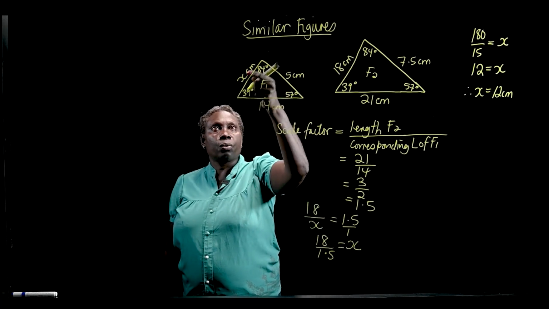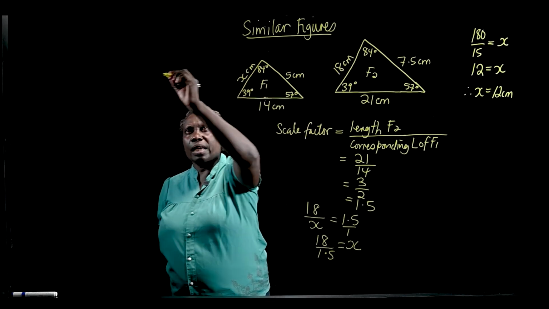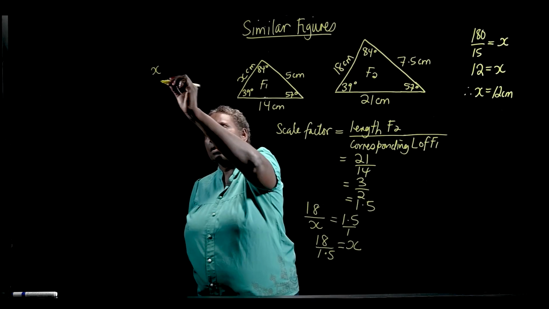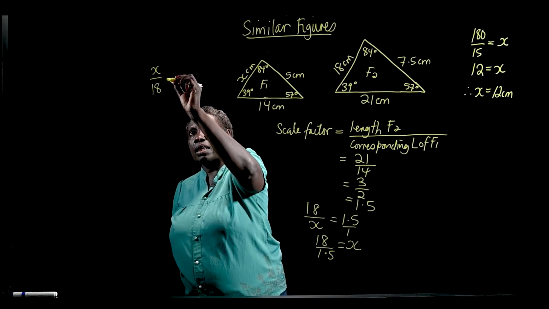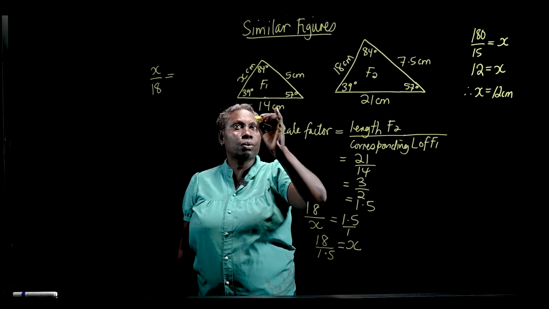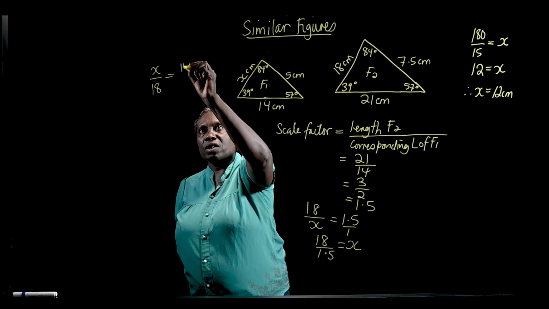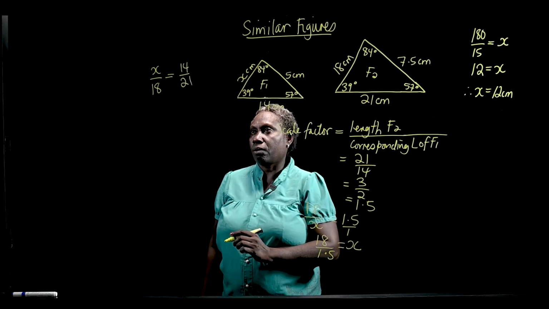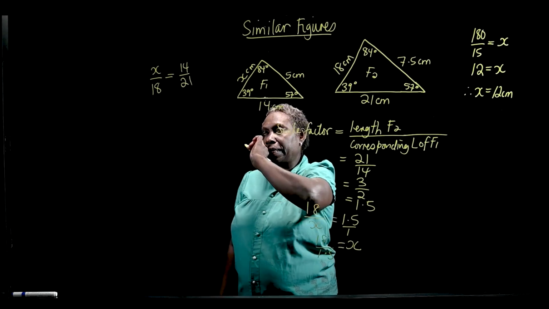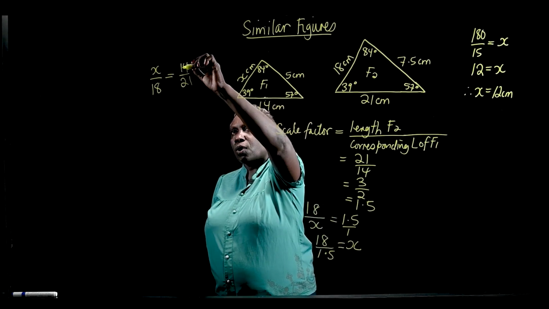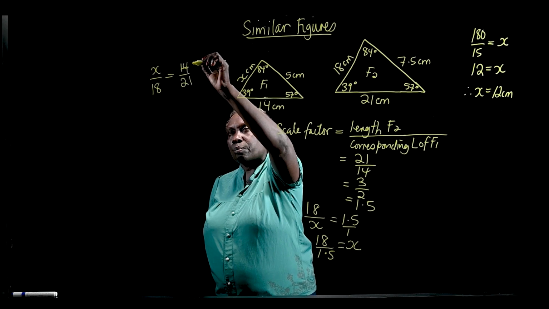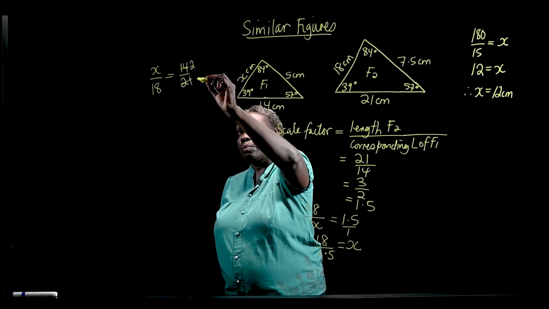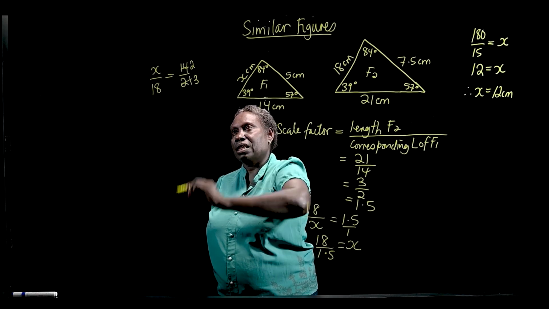So x over 18, because they are the corresponding sides, is equal to 14 over 21. Now, I have to simplify this. 14 divided by 7 is 2. 21 divided by 7 is 3.